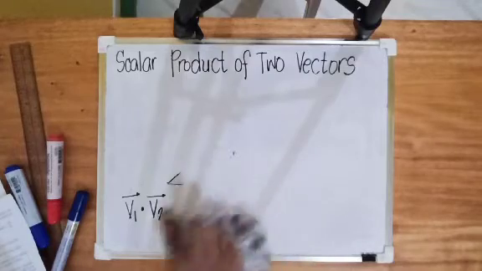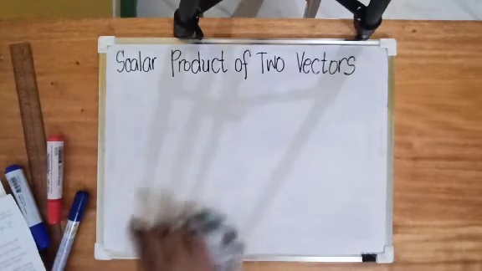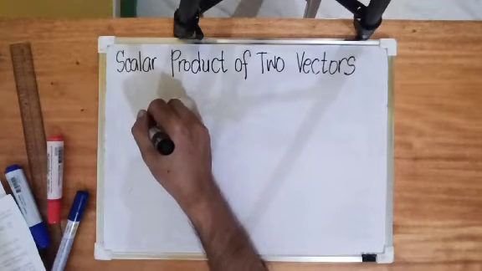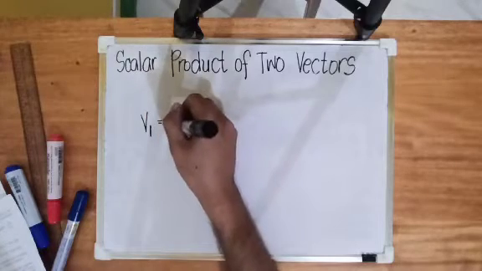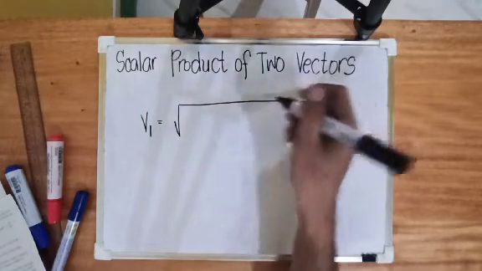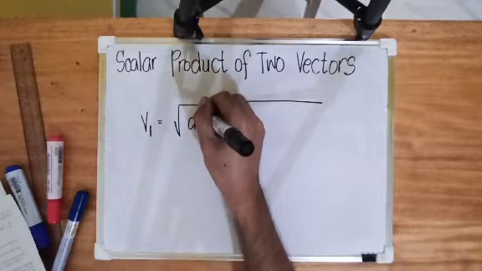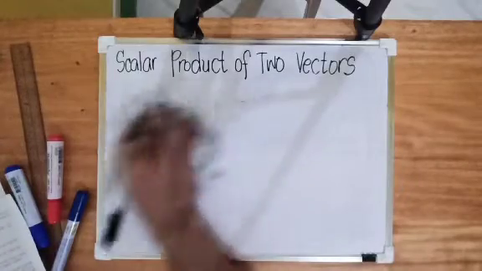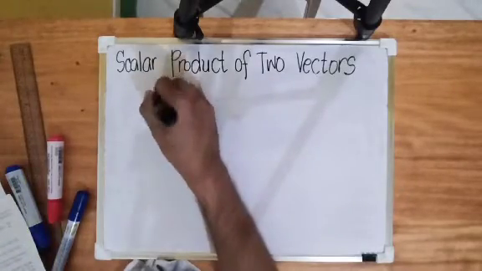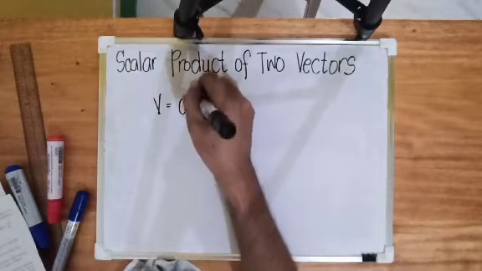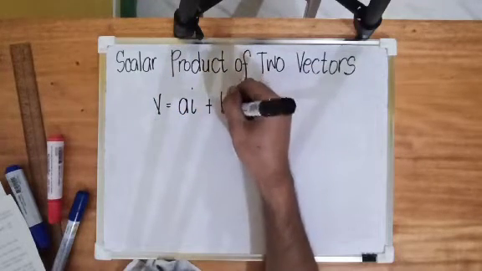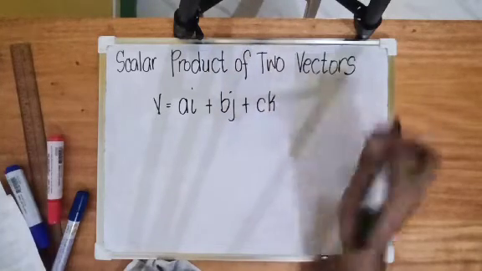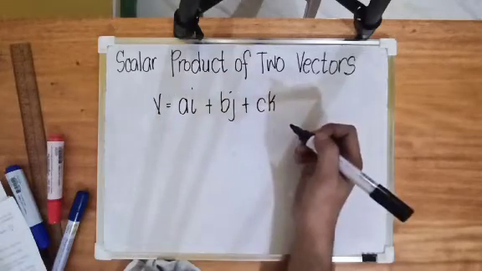To get the magnitude of our vector, let's say we have vector V equal to AI plus BJ plus CK.